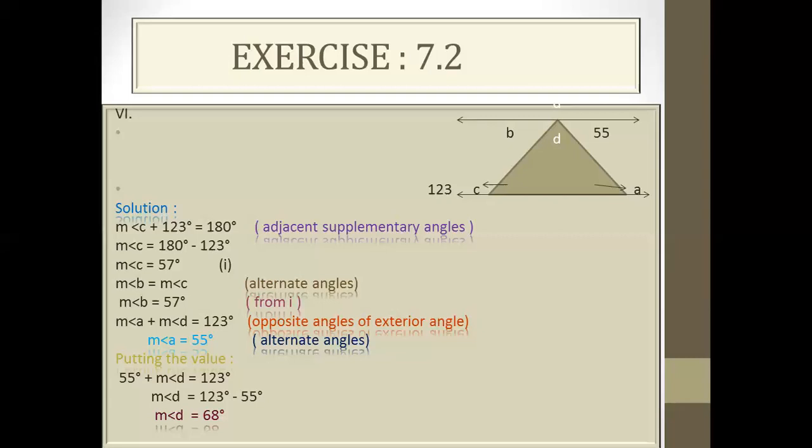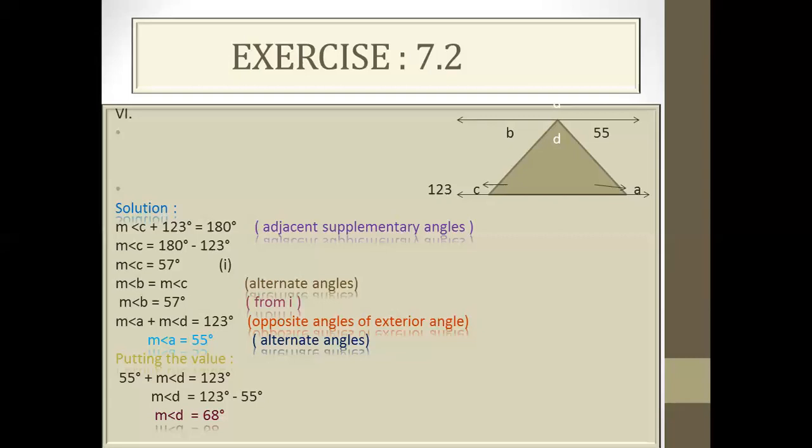180 minus 123, C becomes 57 degrees. The measurement of angle C is equal to 57 degrees, and the reason is supplementary angles or adjacent angles. Now in the diagram, C and B, which type of angles are they?